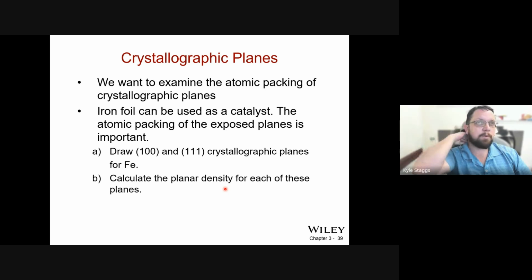We want to get a better handle on the atomic packing of the crystallographic planes and think about something like the iron foil that can be used as a catalyst. So it's the atomic packing of the exposed planes that is important.